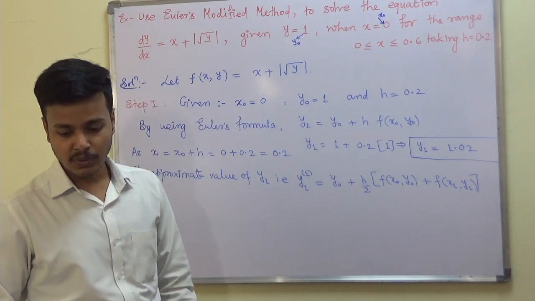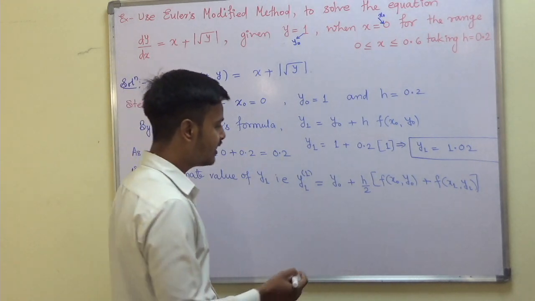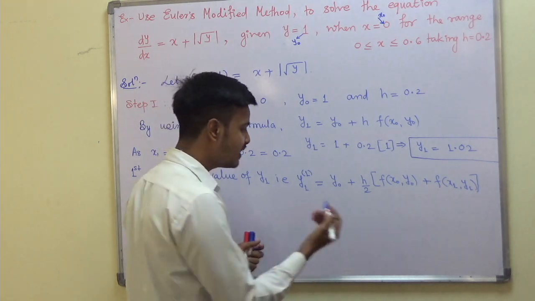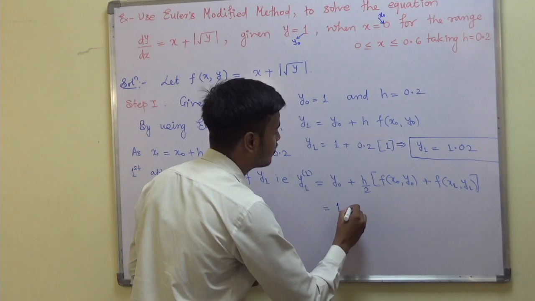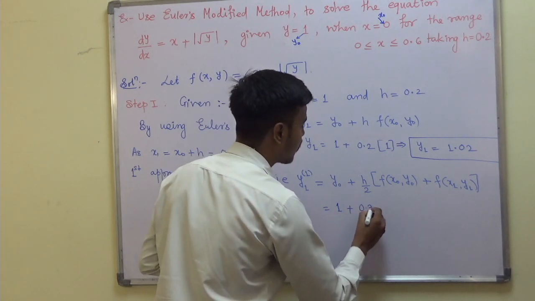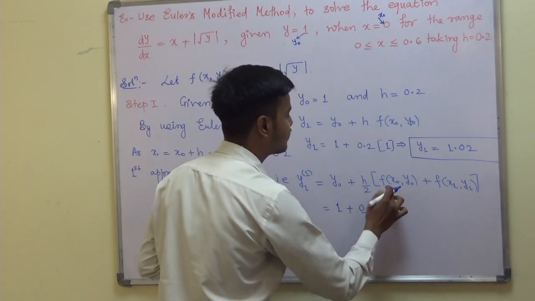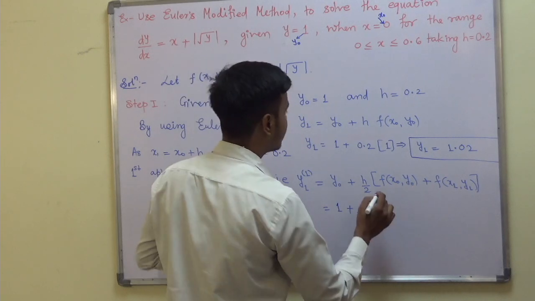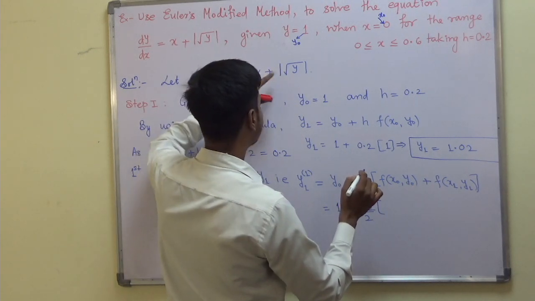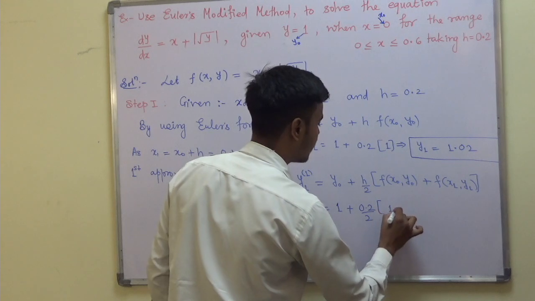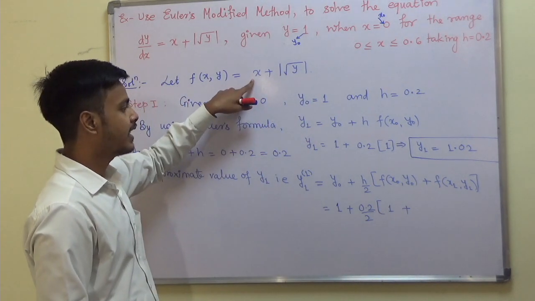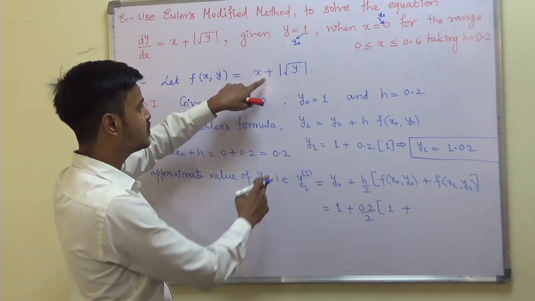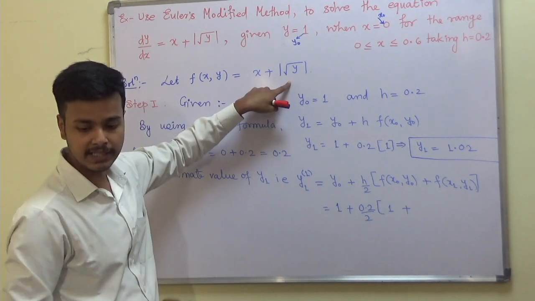If you want me to write all those things in detail, I can write like 1 plus what is h, 0.2 by 2, what is f of x0 y0, f of x0 y0 is 0 plus under root 1, that is 1, plus what is f of x1 y1, it is x1 which is 0.2 plus under root of 1.02.